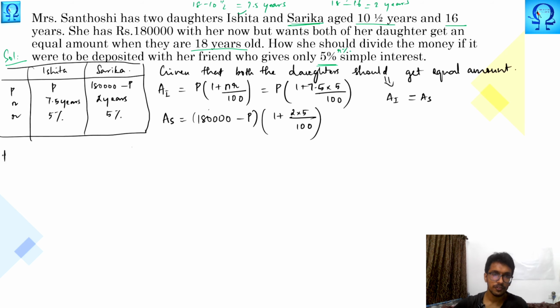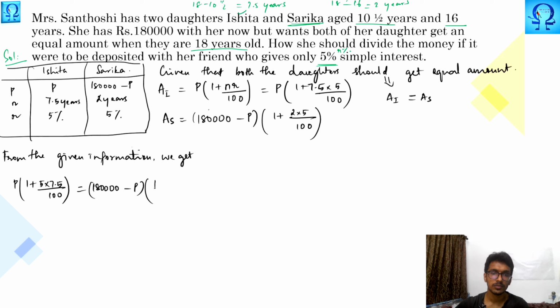So we get P times (1 plus 5 times 7.5 upon 100) is the same as 1,80,000 minus P times (1 plus 2 times 5 upon 100). If we multiply, what would we get? 5 times 7.5 is 37.5 upon 100.